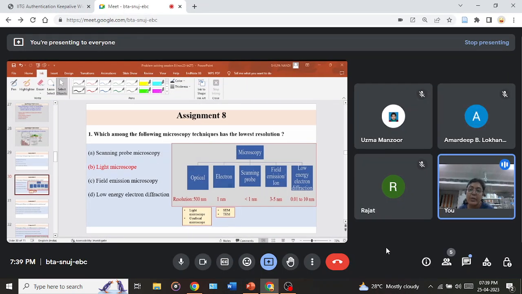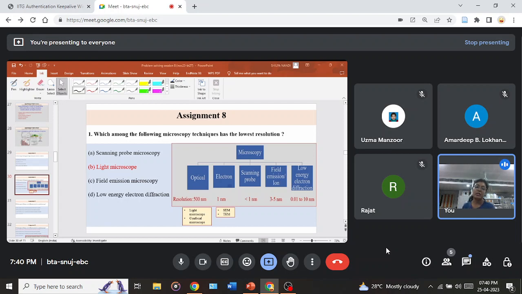Light microscopy among all these four options has the lowest resolution. If you reverse the question and I ask which among the following microscopy techniques has the highest resolution, you can just compare through the given table and answer that question. The answer would be low energy electron diffraction.